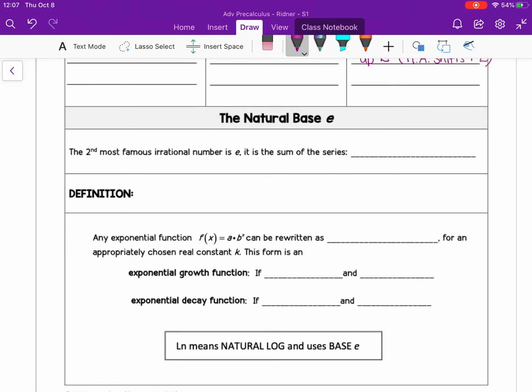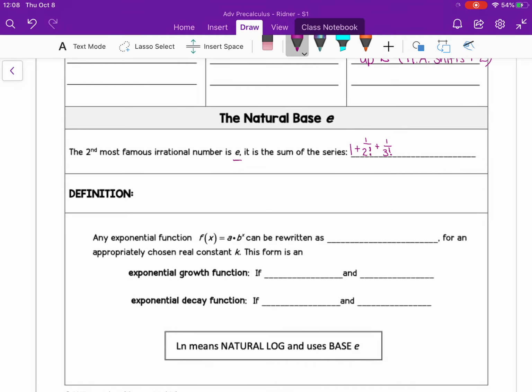All right, so we're going to talk about the second most famous irrational number, the first of which being pi. But we're going to talk about the letter E. Okay, so E is actually the sum of the series 1 plus 1 over 2 factorial plus 1 over 3 factorial.